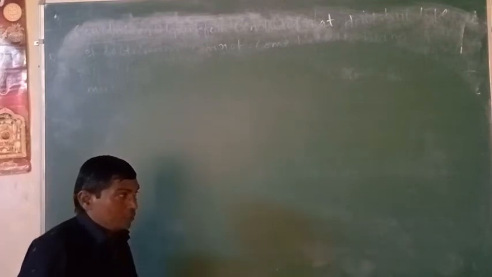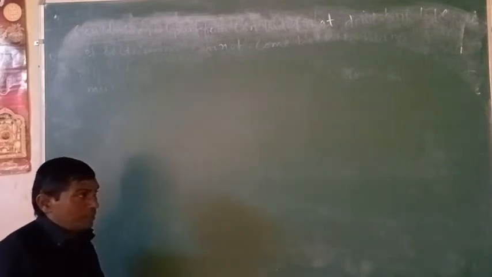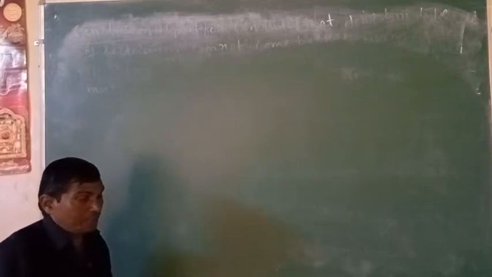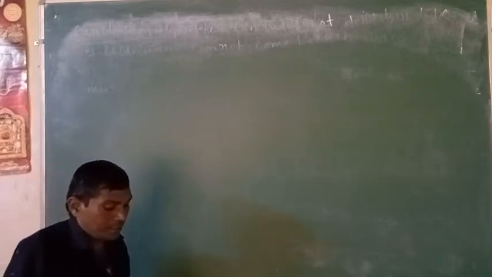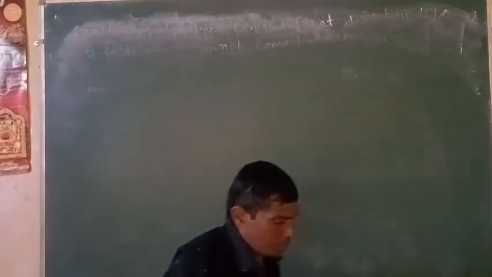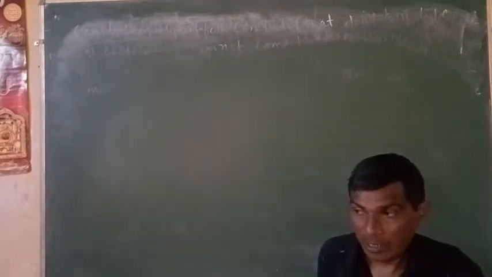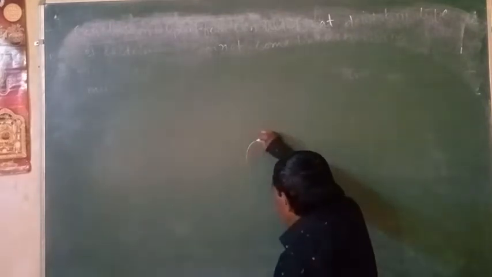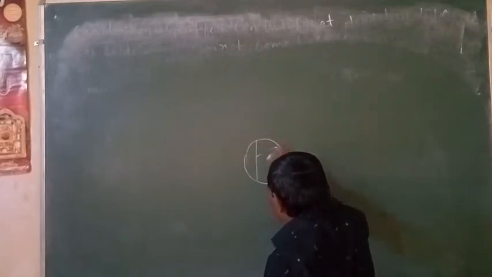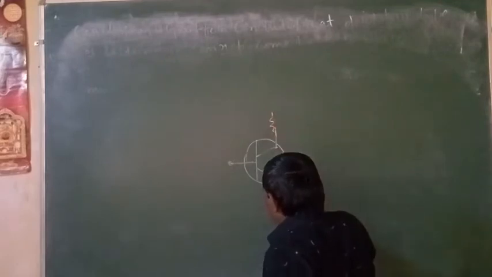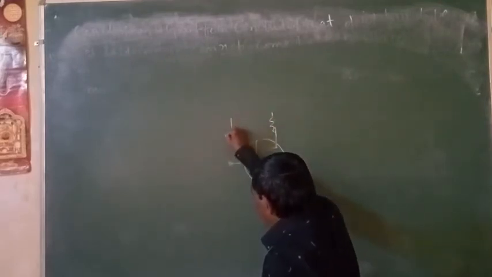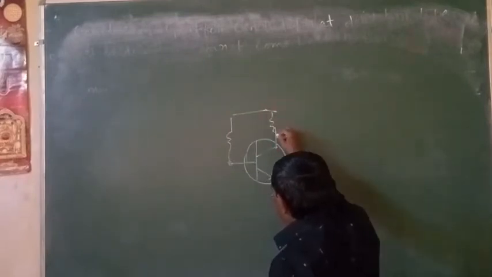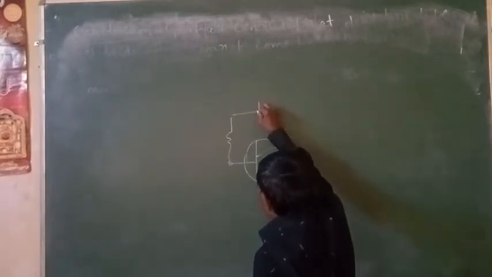In the previous class, we also discussed the biasing of a transistor in detail. Transistor biasing means the zero signal collector current flowing in the collector circuit of a transistor. That means this is the transistor, there is no input signal applied to the base, and the collector current still flows, which is known as IC.